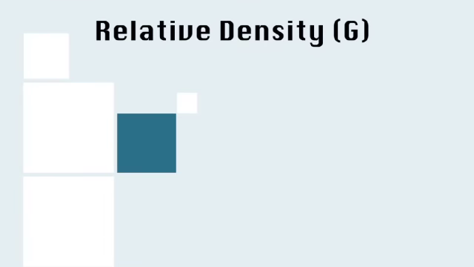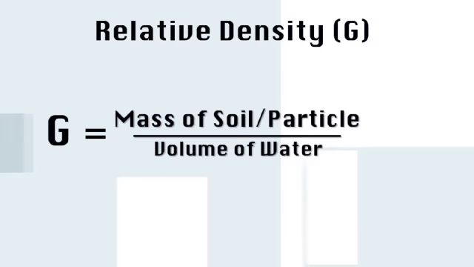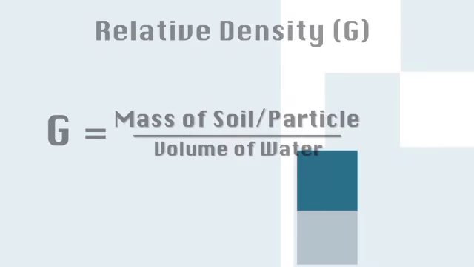But you also get heavy stones and light stones. Compared to the same volume of water, the relative density of the material is the comparison of the mass of the soil, or particle rather, to that of the actual volume of water.